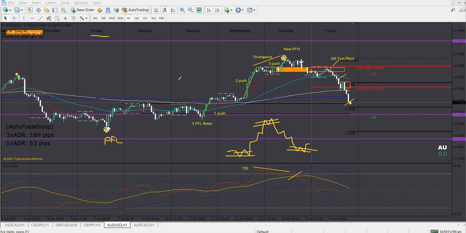It came back and retested this and gave us a nice W. So here is our official peak formation low retest, because it retested this area of support. So you can now count your levels from here.